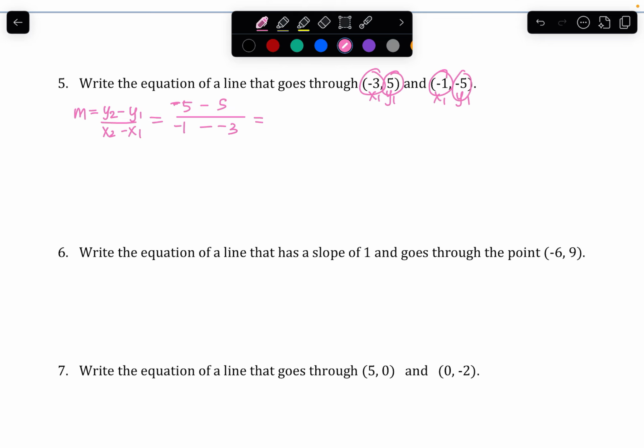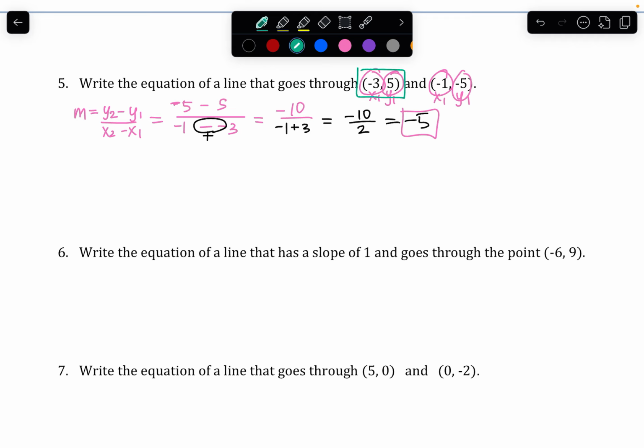Okay, and so -5 minus 5 is -10. -1 minus -3 is -1 plus 3, which would give us a 2, which simplifies to -5.